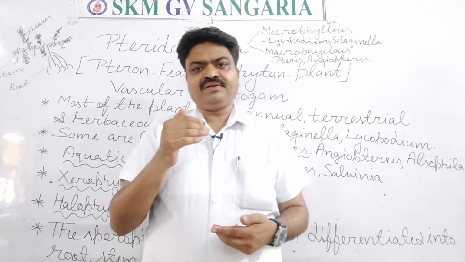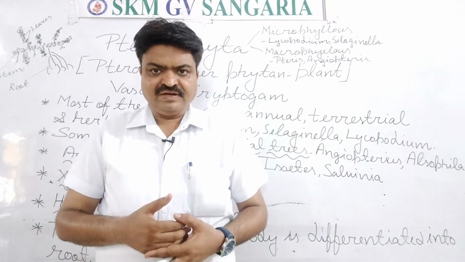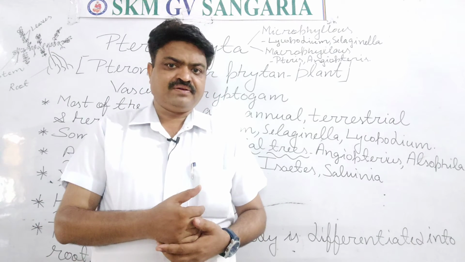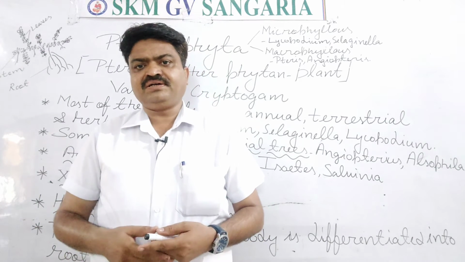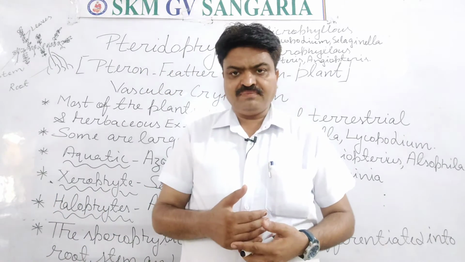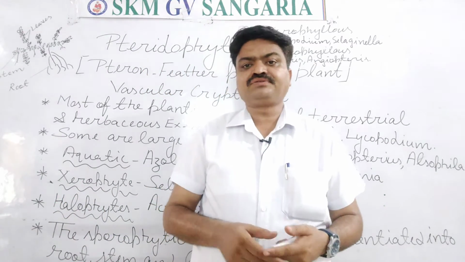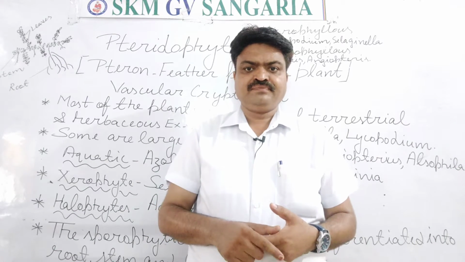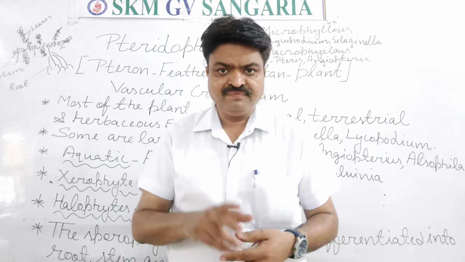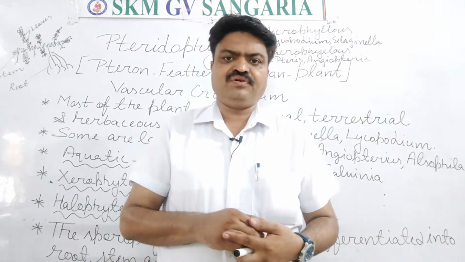Now what is the meaning of vascular? Vascular tissue is found inside plants to conduct water and minerals, and also to conduct food. In the vascular tissue there are two complex tissues: first is xylem, second is phloem.